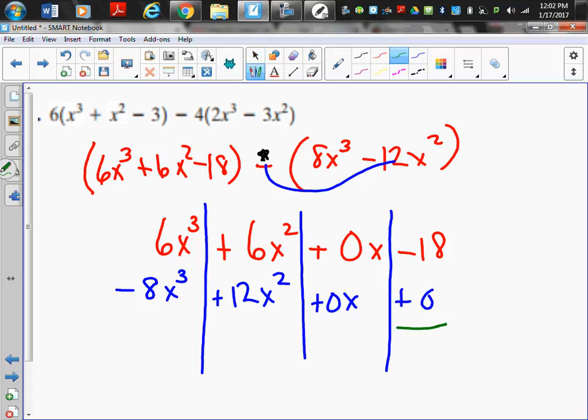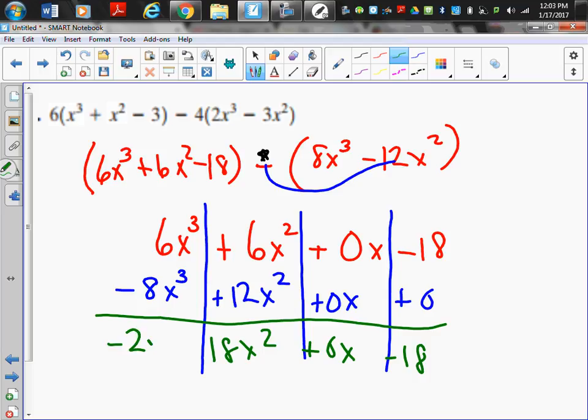So now I do each column. Negative 18 plus 0 is negative 18. 6 plus 12 is 18, 18x squared. And 6 minus 8 is negative 2, yes.